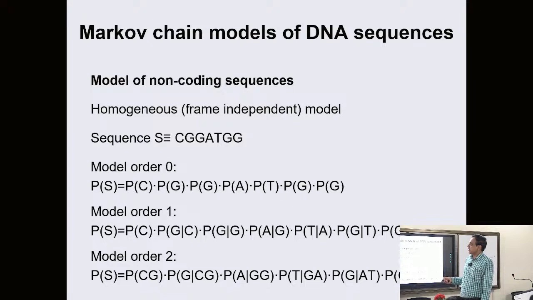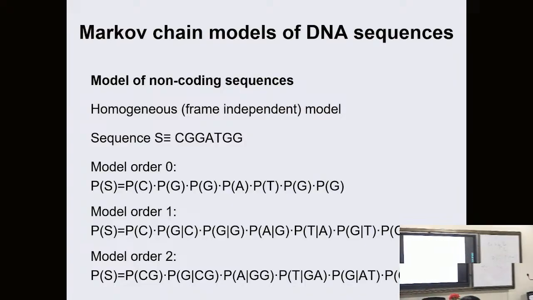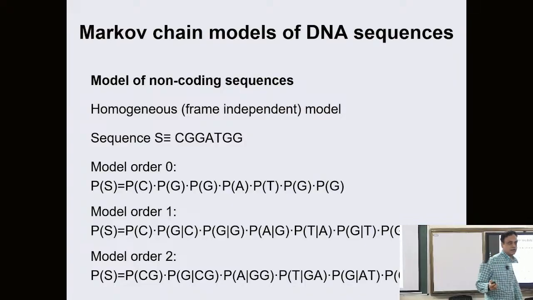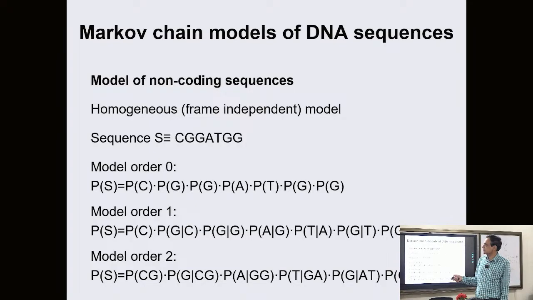Markov chain model of order 2. Order 2 means that dependence is on two previous bases. If I am here, there is no previous base. If I am here, only one previous base. So make a transition to this, and now you have two previous bases.